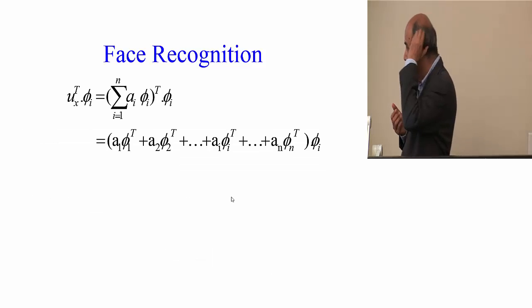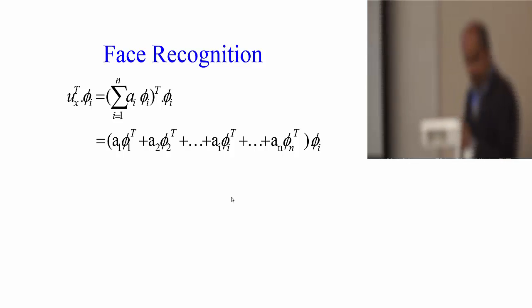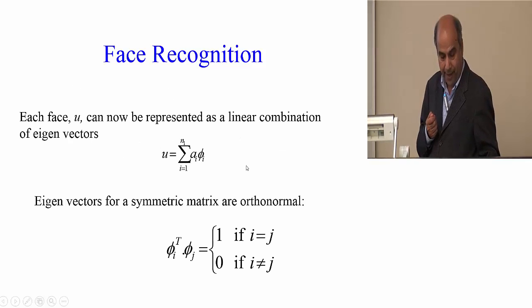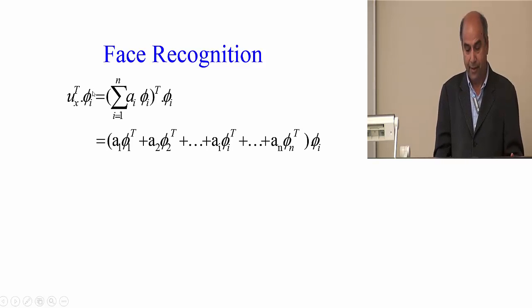Okay. So therefore, if we take the u x, the face, which is an unknown face, and find the dot product with the ith eigenvector, because as you know that u represents a linear combination of those, so finding the dot product on the left side and the right side.